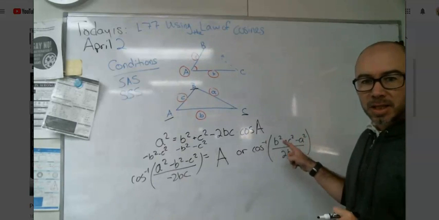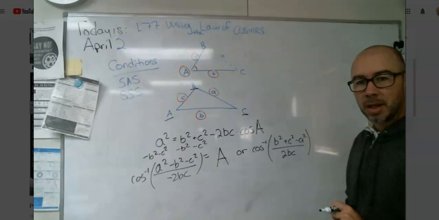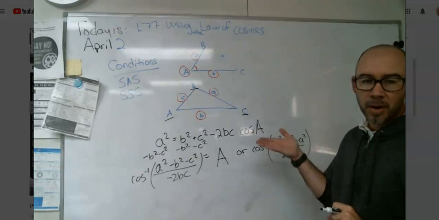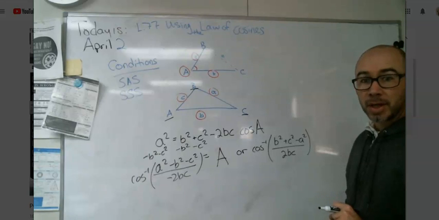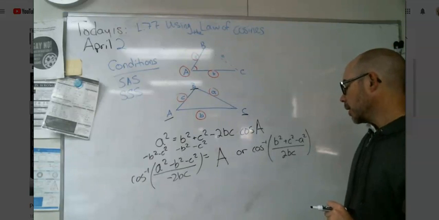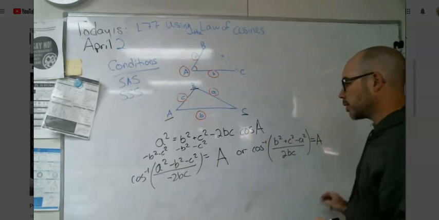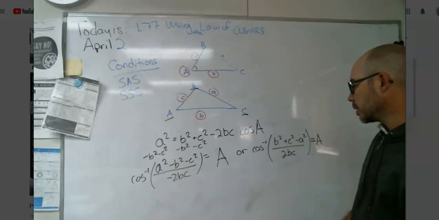You would see this kind of setup often in the proof for Heron's formula, which is derived from the law of cosines, at least the formula for the area of a triangle given three sides.